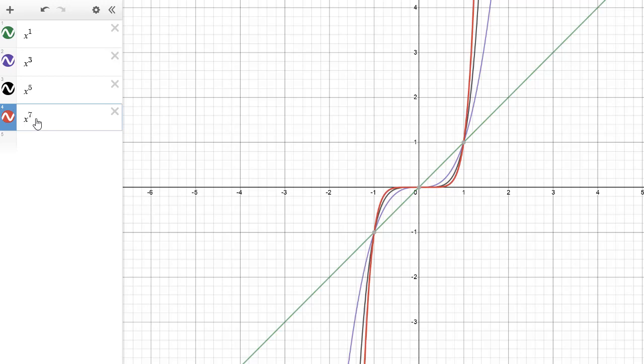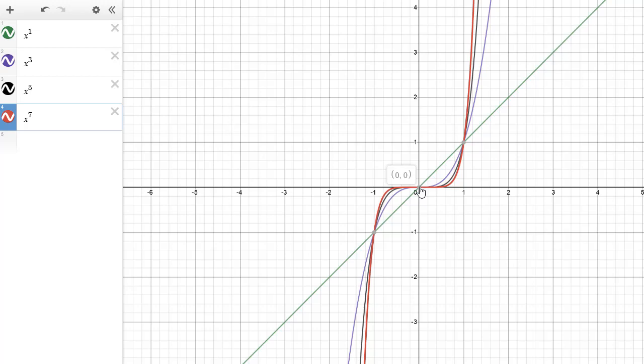Now, I can tell that there's symmetry here, but what kind of symmetry? Well, the symmetry for odd functions is kind of unusual. It's as if you took everything that's to the right of the y-axis and then rotated it 180 degrees. That's the way that you can kind of think about odd functions.